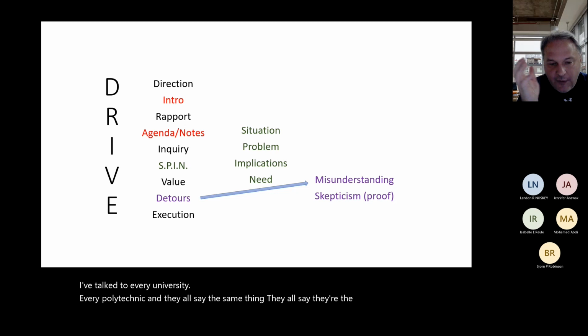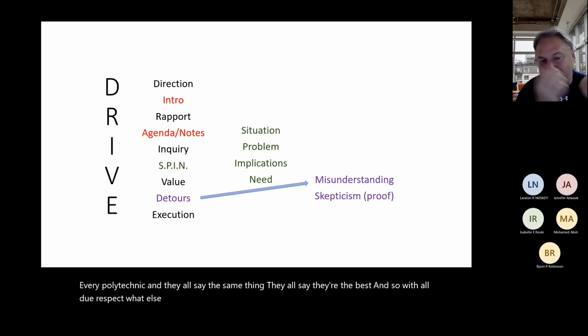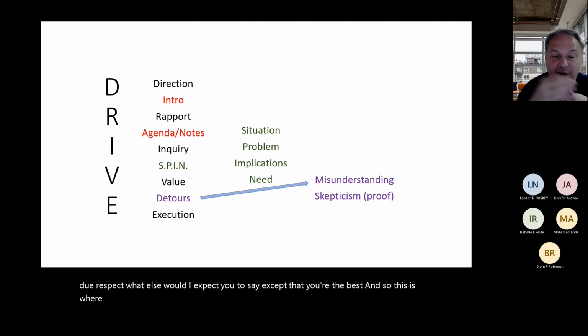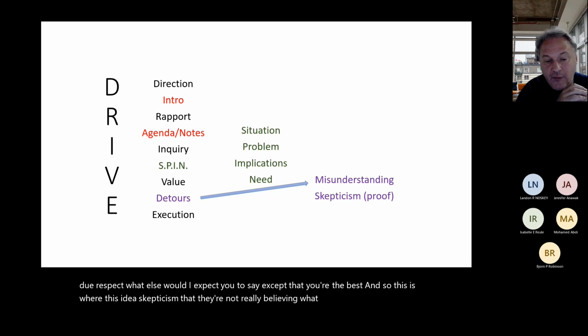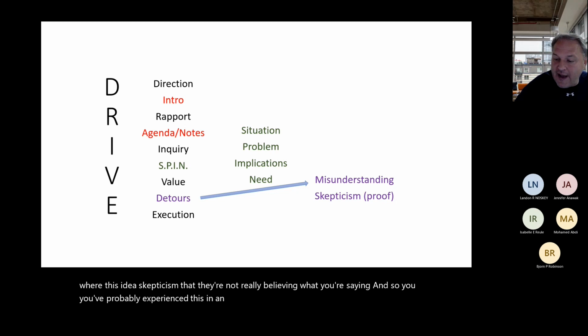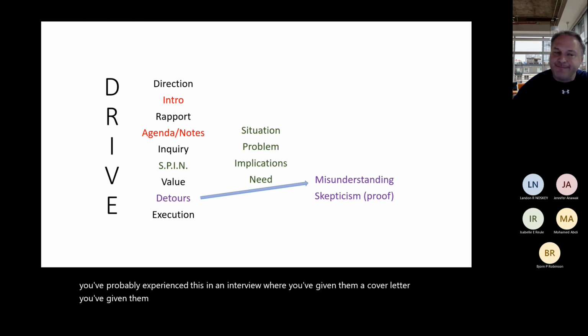With all due respect, what else would I expect you to say except that you're the best? This is the idea of skepticism, that they're not really believing what you're saying. You've probably experienced this in an interview where you've given them a cover letter and a resume, and they're like, this is a little too good to be true.